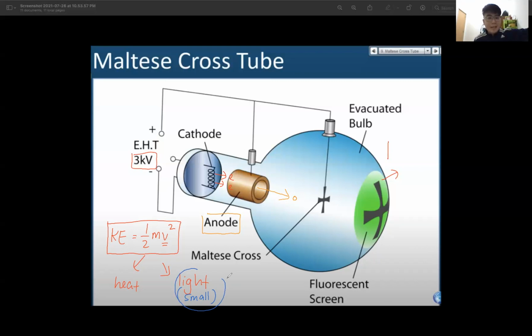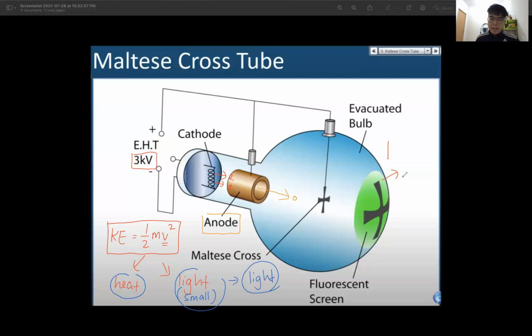And they give out a certain color of light. That depends on the property of the material. So it just happened to be green color. Okay, so at the screen, the phosphor absorbs the small amount of light produced, and then it creates a lot of light energy in green color. And it will produce heat also.